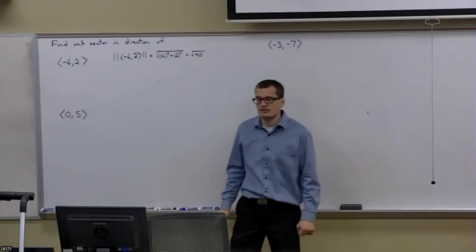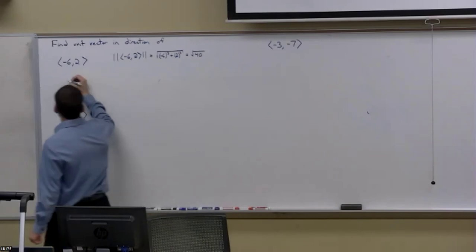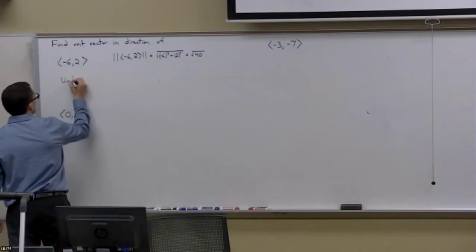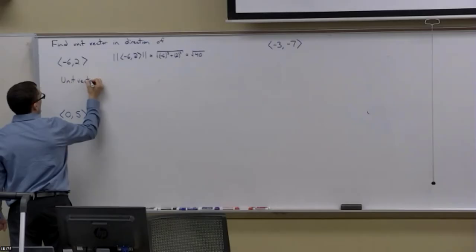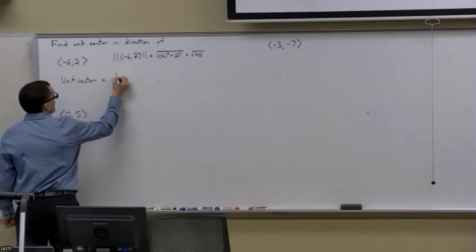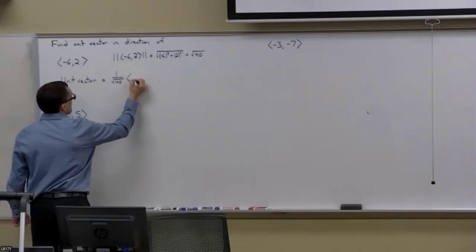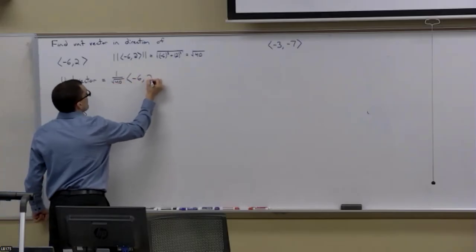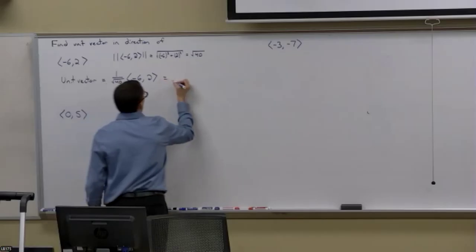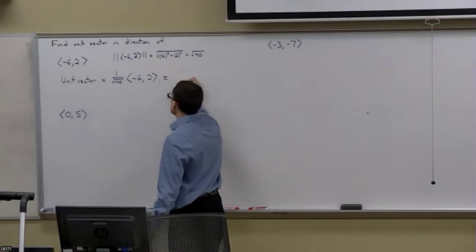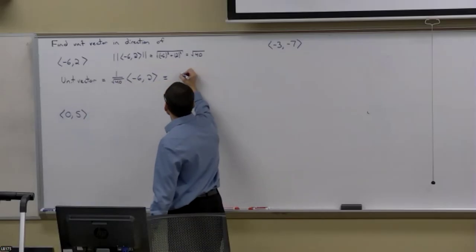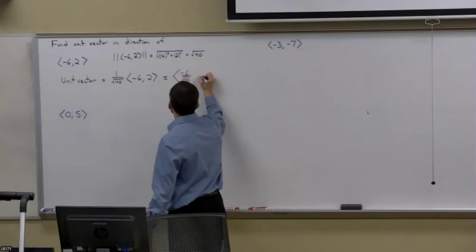So the unit vector in this direction is just 1 divided by the square root of 40 multiplied times -6, 2. What we know about scalar multiplication is that it has to distribute. So we get -6 over square root of 40, and then 2 over square root of 40.